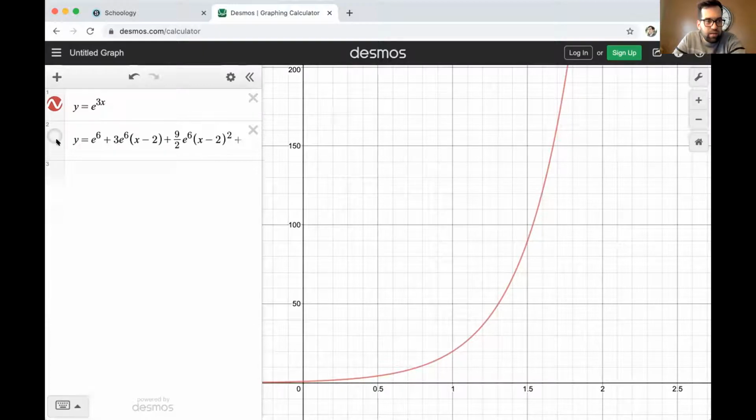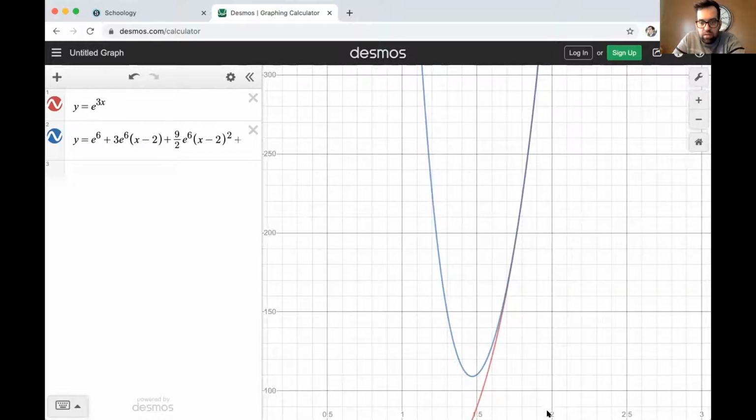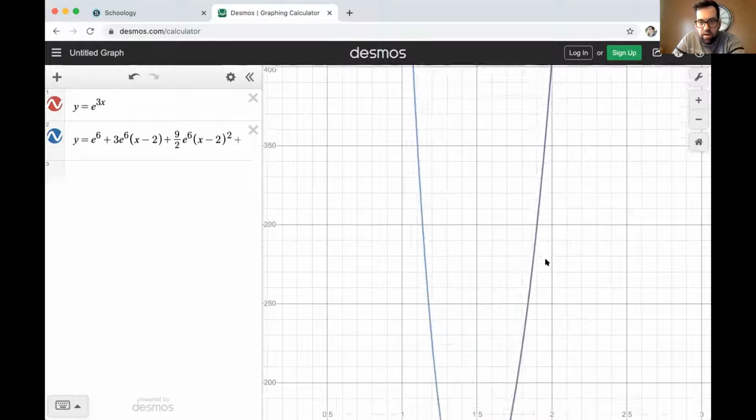And if I activate our Taylor polynomial, what you will see is that right around x equals 2, this is going to be a pretty good match for our curve, especially if I scroll up here, you'll see that the blue curve matches the red curve better and better right around x equals 2, which is this vertical line right here.